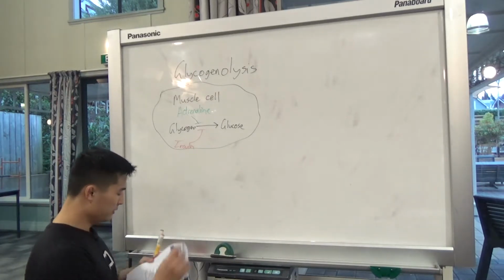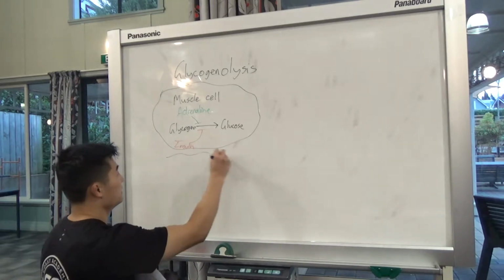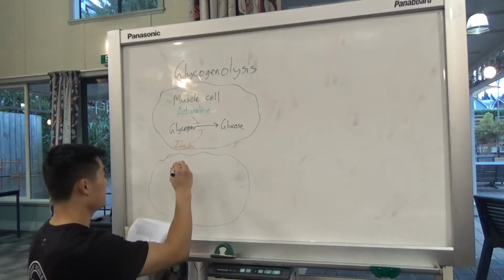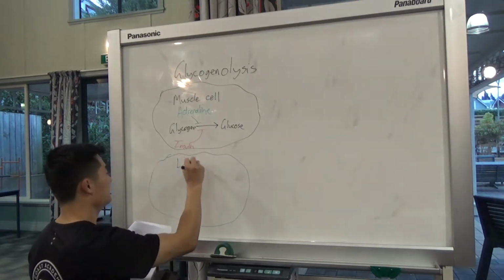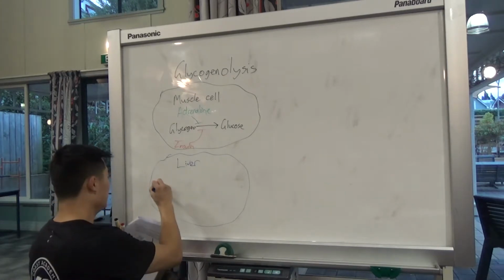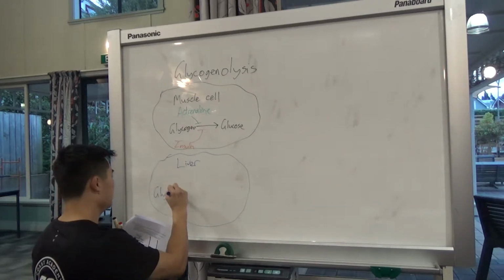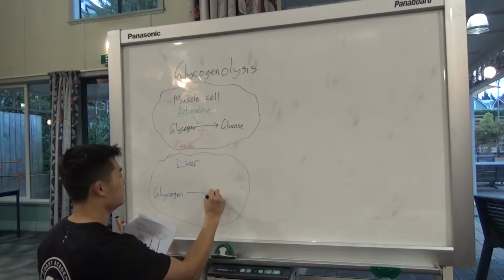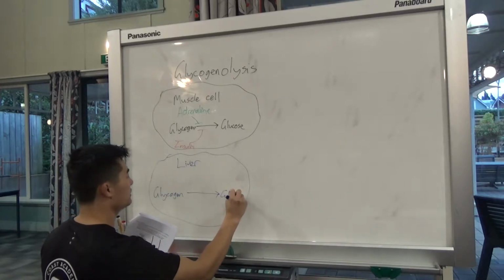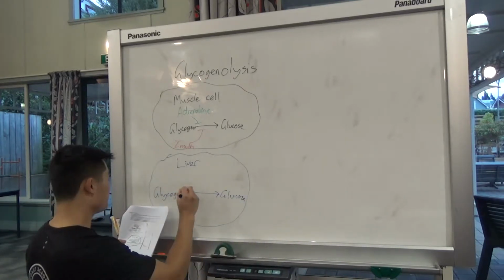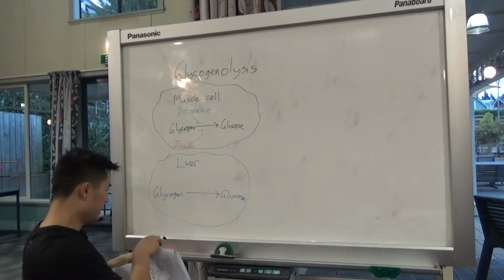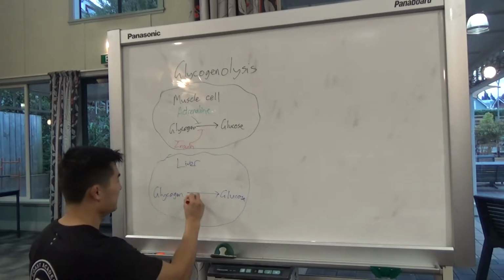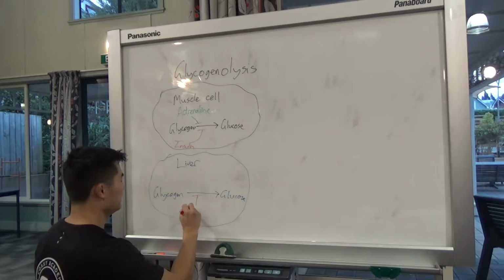Now, on the other hand, we have the liver cell. And again, we're going to have glycogen turned into glucose. So this time, it will be inhibited by insulin as well.